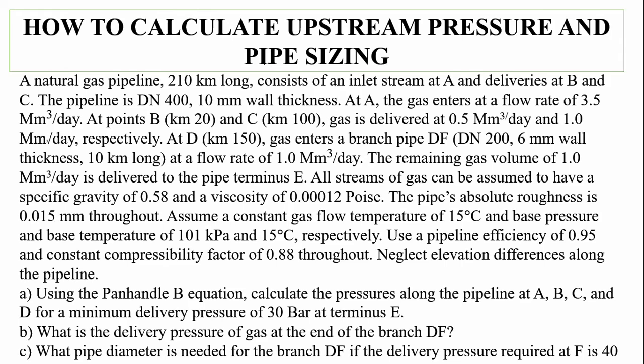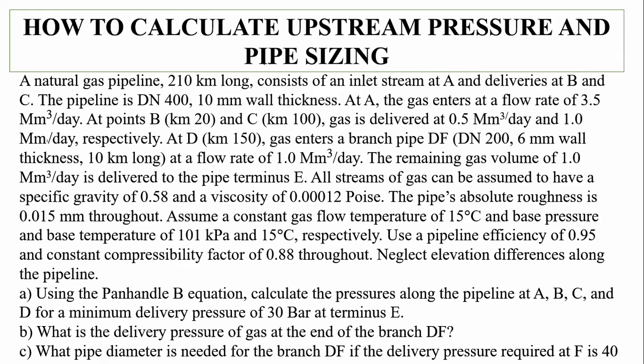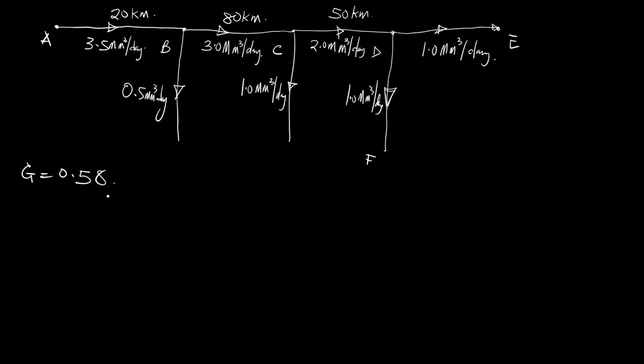Now they said the remaining gas volume of 1.0 million meter cube per day is delivered to the pipe terminus E. All streams of gas can be assumed to have a specific gravity of 0.58 and a viscosity of 0.00012 poise.